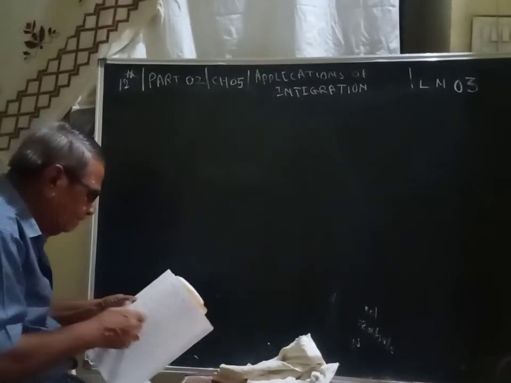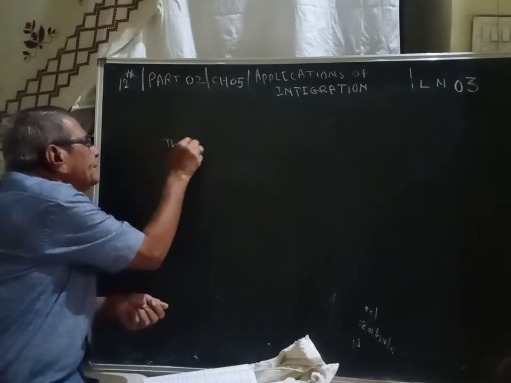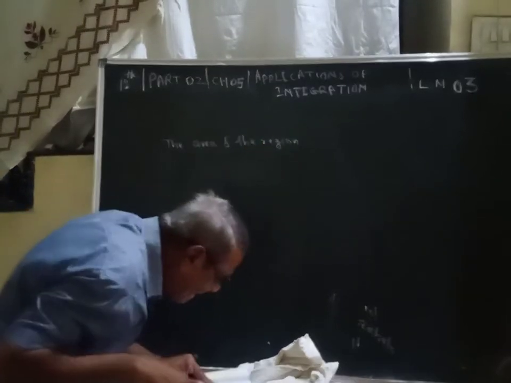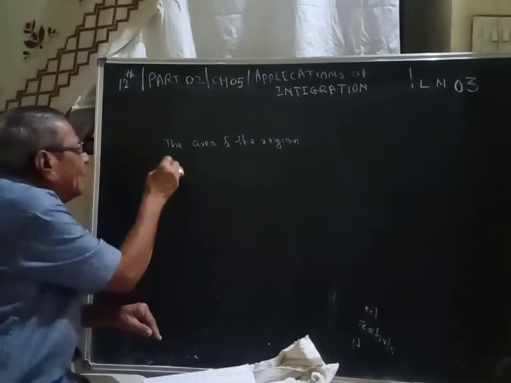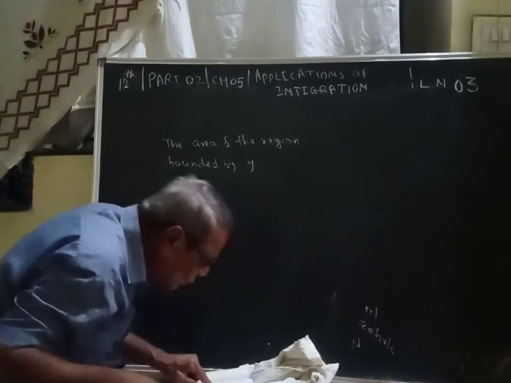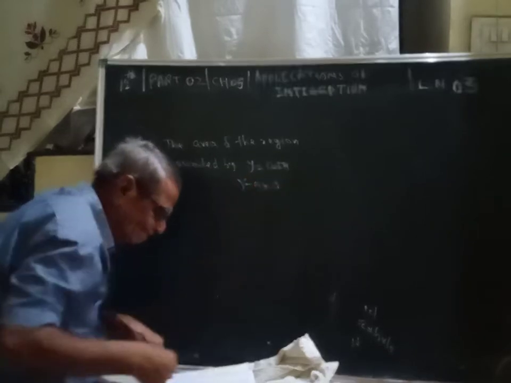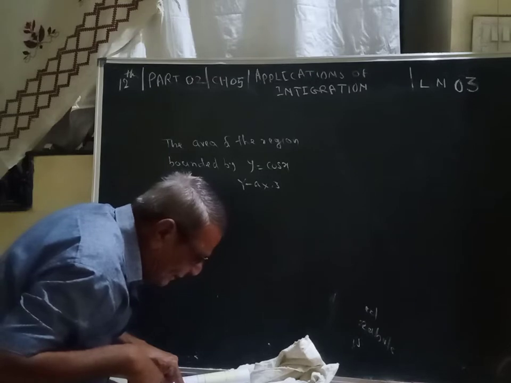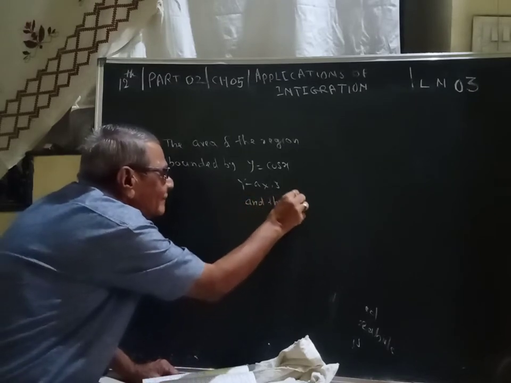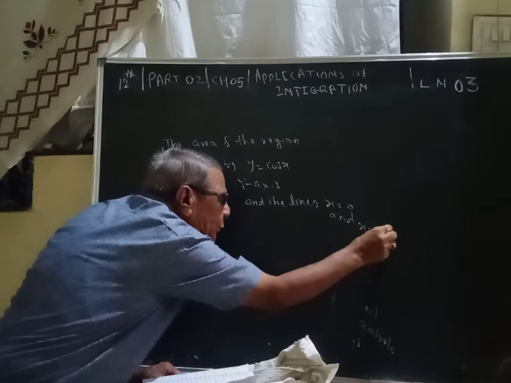Next example. The area of the region bounded by y is equal to cos x, y axis, and the lines x is equal to 0 and x is equal to 2 pi.